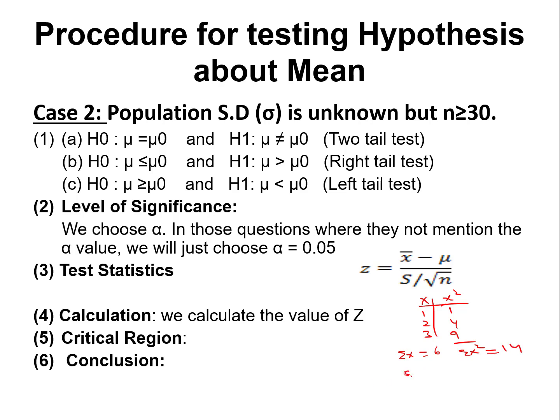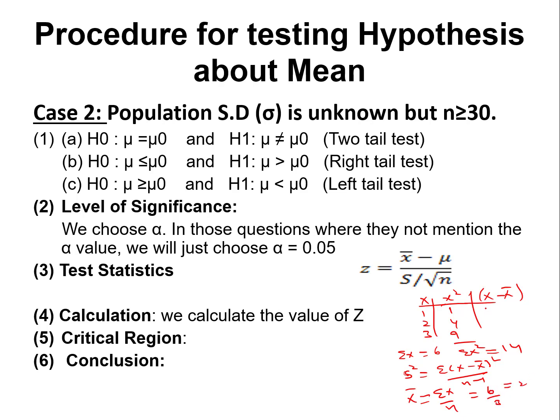Then s square, which is the variance, is equal to summation x minus x bar whole square divided by n minus 1. So in the next step you need to calculate x minus x bar whole square. You have already calculated x bar. It will be summation x by n. Summation x is 6 and n is 3, so it will be 2.